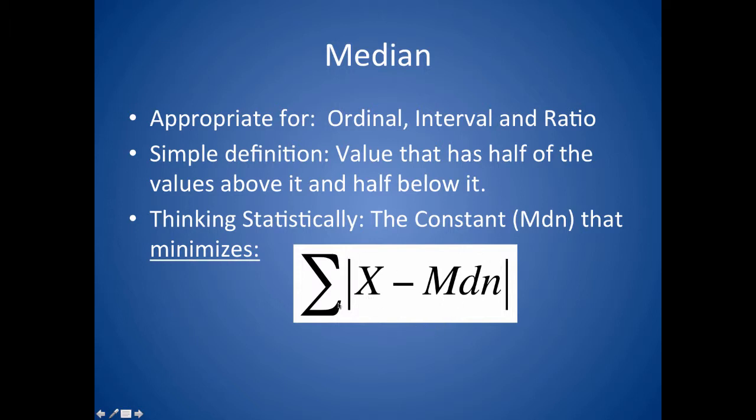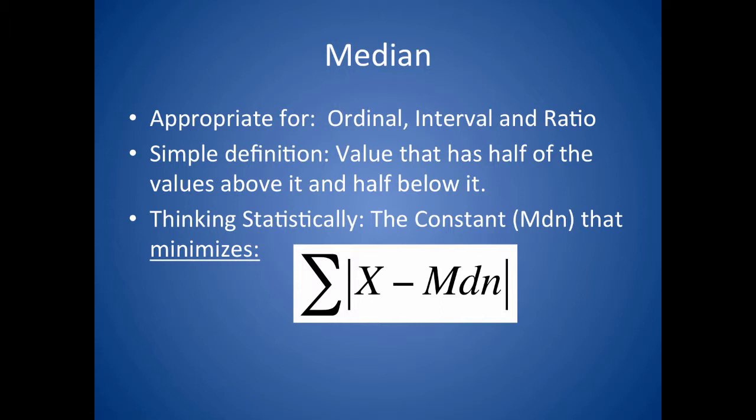You know from your summation notation work that this is implicitly telling us we're going to step through every value of x in the data set. For each one, we'll see how far it is from the constant, throw away the sign, and we'll keep doing that and add all of those unsigned deviations up.